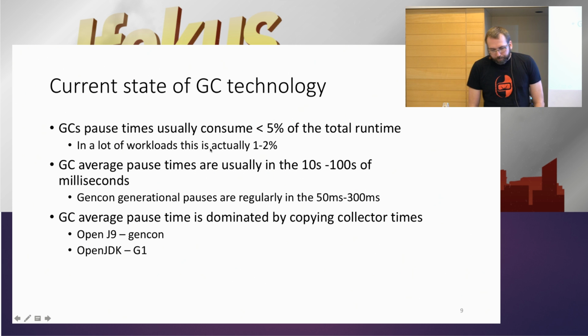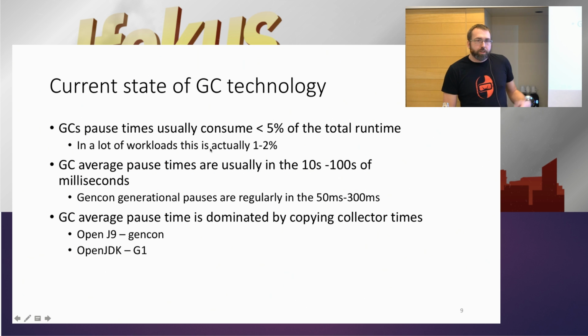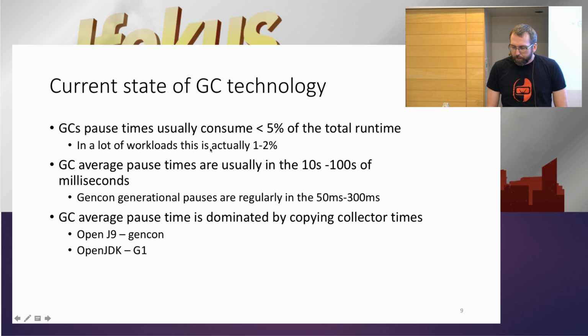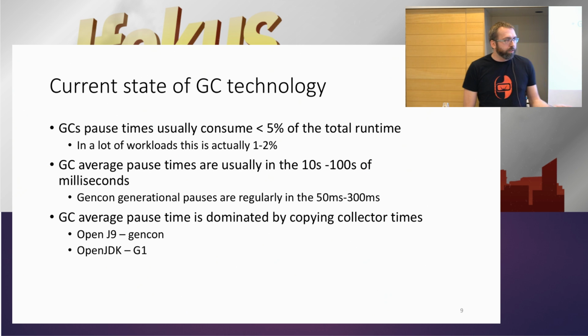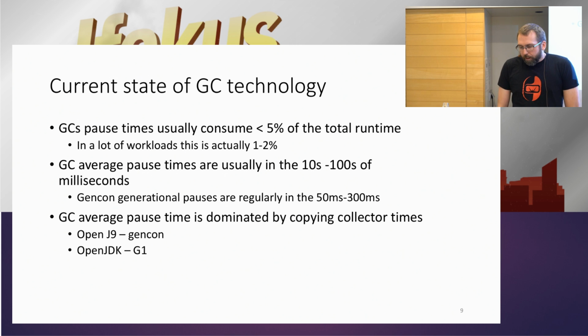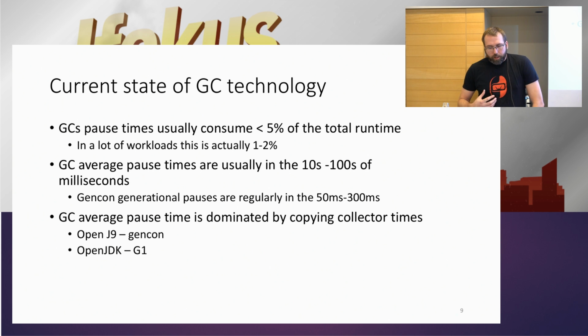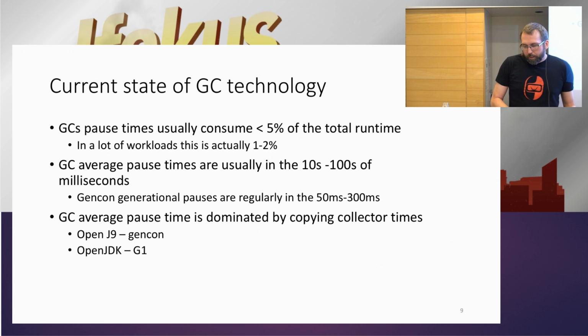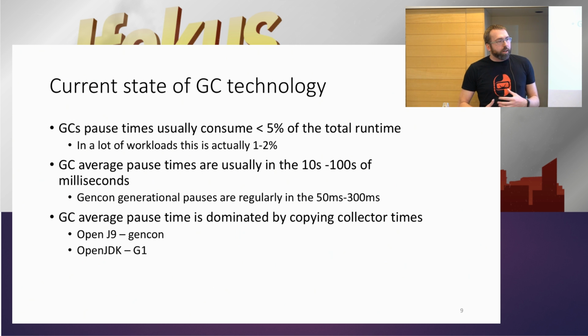So right as it stood before a lot of these technologies came out, like Shenandoah, our new one, and ZGC, the GC pause times in most runtimes were always sub 5% for pretty much all the logs I see. So the GCs themselves aren't taking that much away from the application time, but it's still the outlier of time.